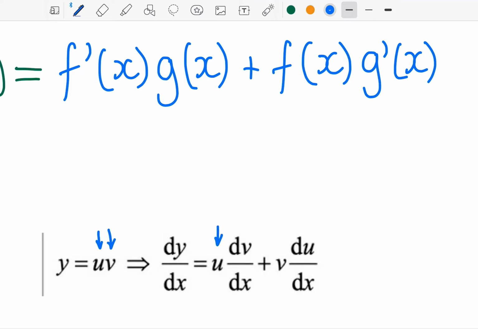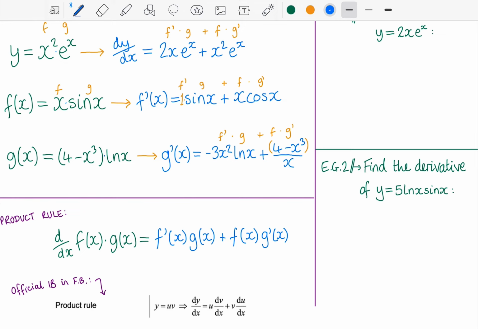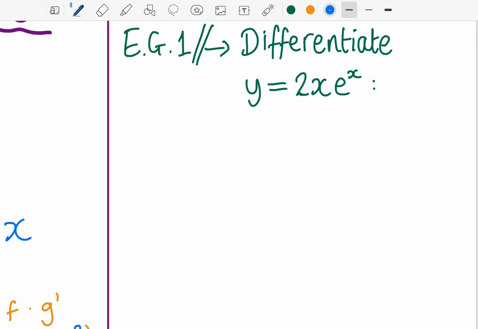You have the original u times the derivative of v, you could maybe write it like this if you wanted, and then you have the original v times the derivative of u. So yes, you could also switch the order within each term as well, which is obviously still fine. So a fairly simple rule, I think you'd agree.